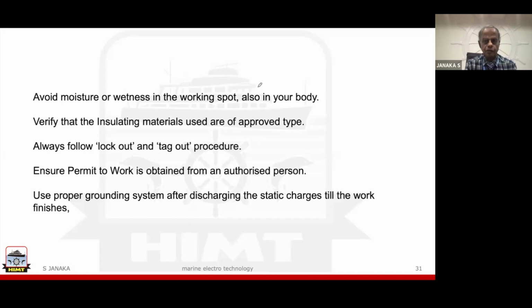Normally, this permit to work is given for 12 hours on board the ship. At the expiry of the 12 hours, you are supposed to renew the permit to work. And the systems are provided with a proper grounding arrangement to discharge static charges. That has to be done, and ensure that all these things are followed before you start the work.